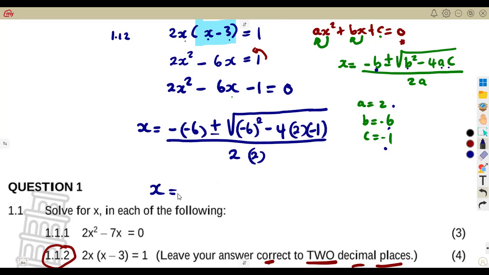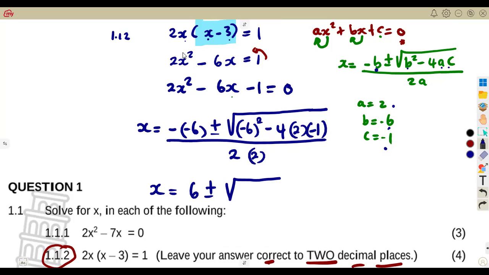So just like the previous case, it is important, guys, to simplify what is under the square root. So you're going to have minus minus, which is positive 6, plus or minus the square root of this part under the square root. Try to show the number that you have under the square root, even for the examiner. The marker needs to see that number, guys.